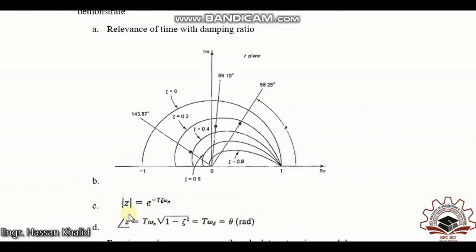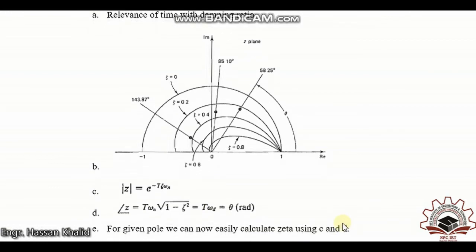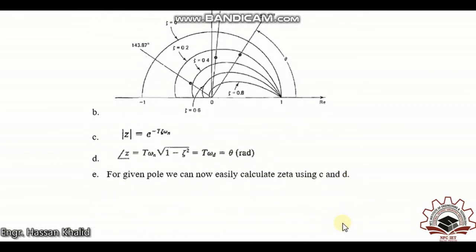The angle can be found by relating it to T omega n times the square root of 1 minus zeta squared, or T omega d, and the theta that is evaluated is in radians. From this structure, points C and D, one can easily find out the information regarding zeta.